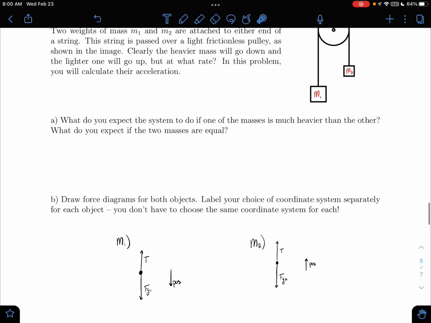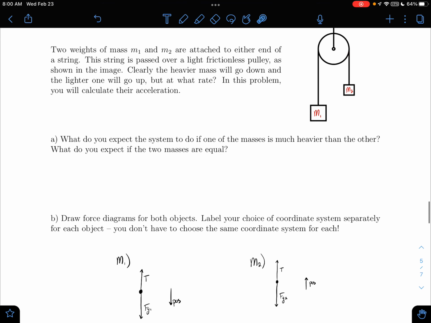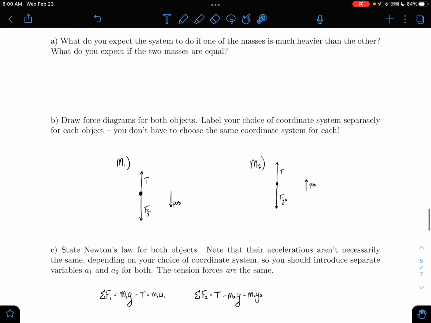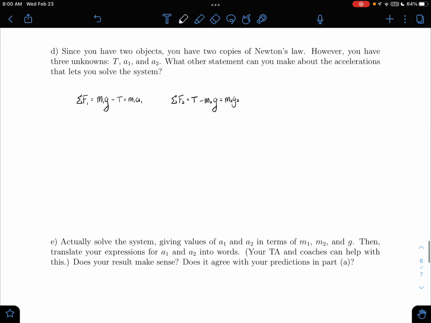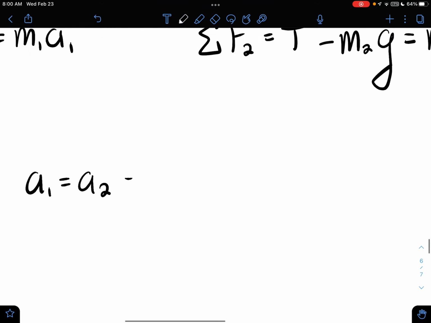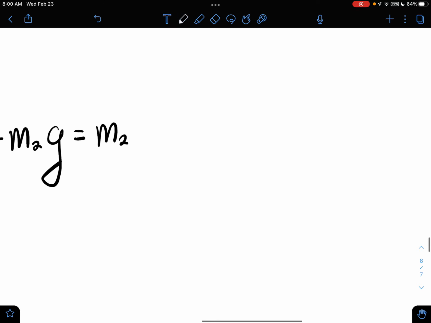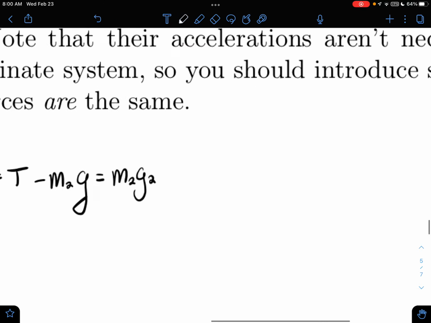If I had set the same coordinate system for both, which is perfectly fine, we'd just have to think about that: whatever acceleration this one's going down in, so negative A, would be the same as this positive A. But since I said they're in opposite directions, their accelerations are just going to be the same. So A1 equals A2, and I'm just going to use a general A for that so I don't have to think about the different subscripts. G doesn't change.